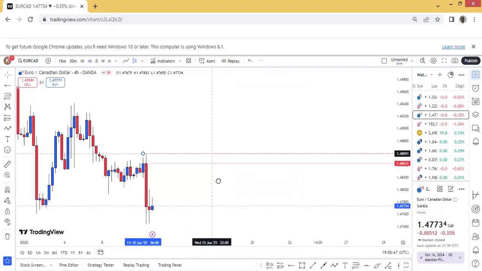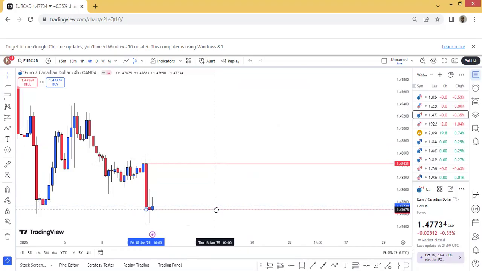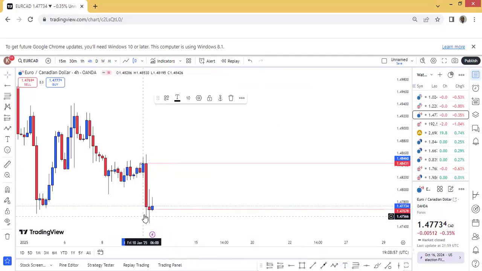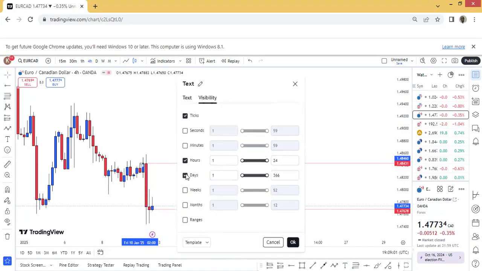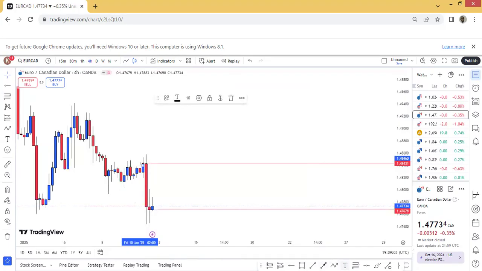So all the major time frames, lower high, all of them are pointing downward. So hey, we're going to be looking for sales. And that's awesome.